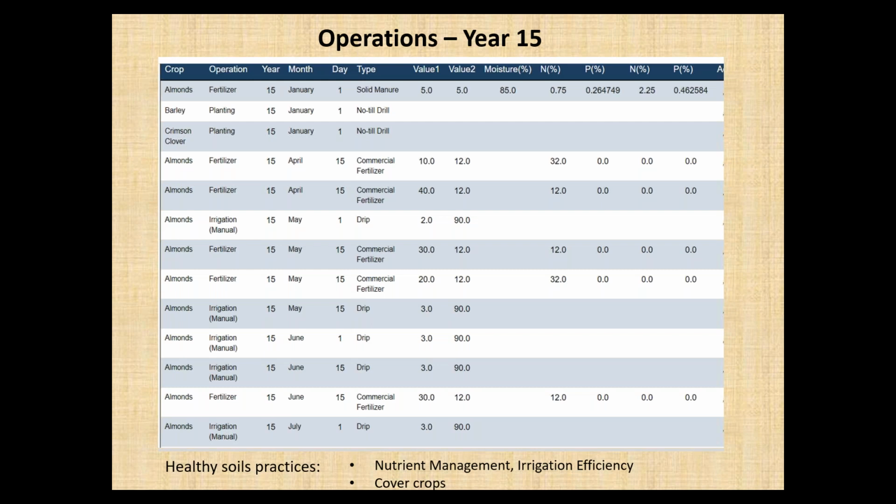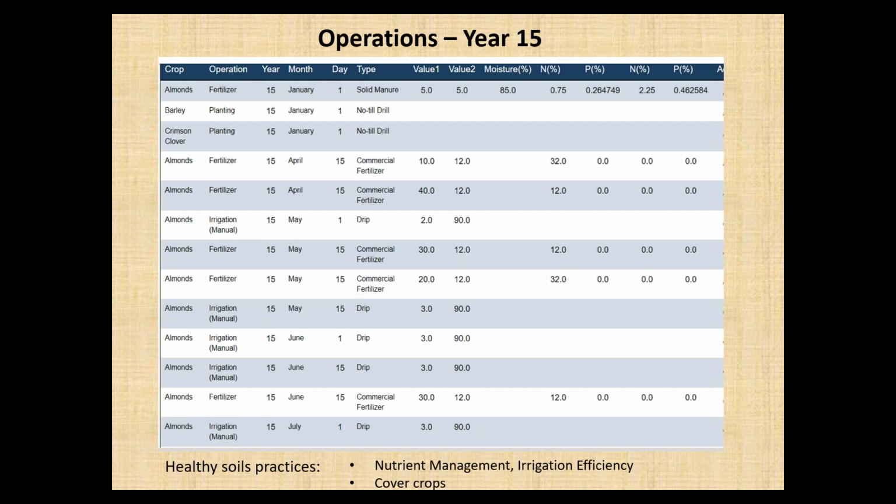And I'm entering those practices, the healthy soils practices, in this table. The top row showing solid manure, so composted cow manure, 5 tons an acre, and I think there's a carbon nitrogen ratio that's entered.